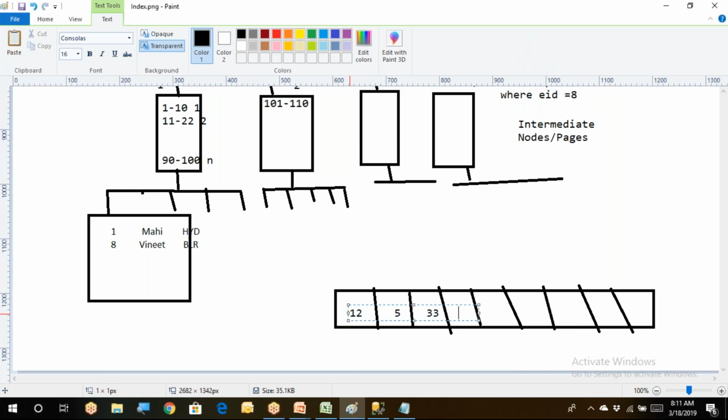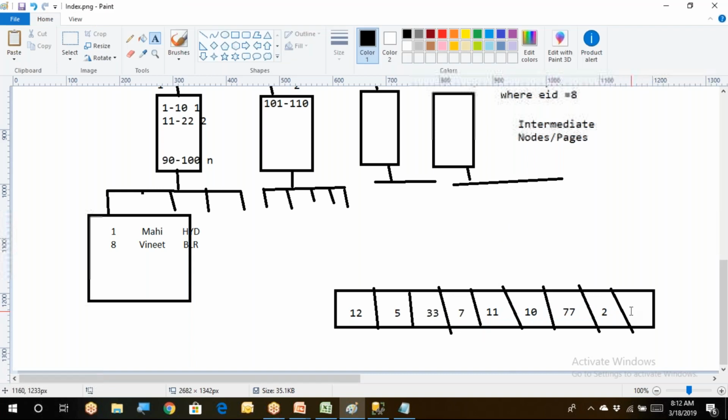I have 7 there. I have 11 here. I have 20 there. I have 77 here. I have 6 there. And I have an 8 here.